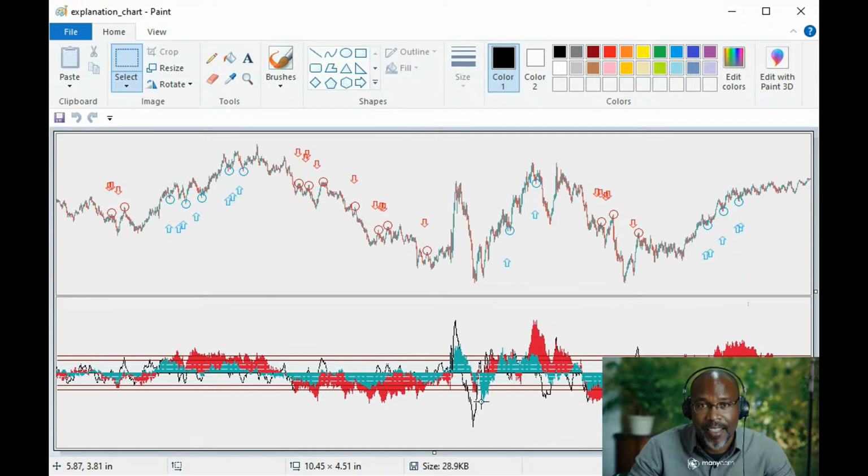As price begins to exit the maneuver is when I would enter a position.